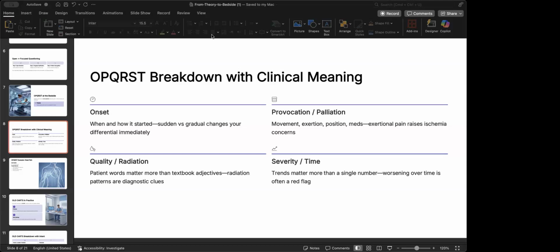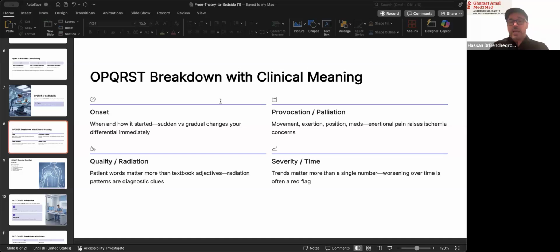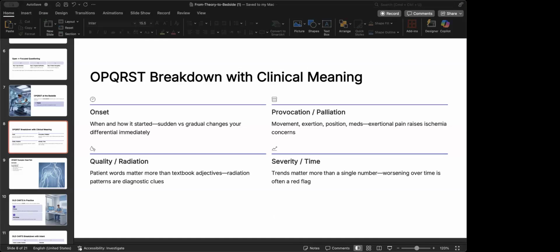Okay. Can you choose the complaint? I will make it easier for you. How about if I say my complaint is that I have pain in my neck? Okay, neck pain.